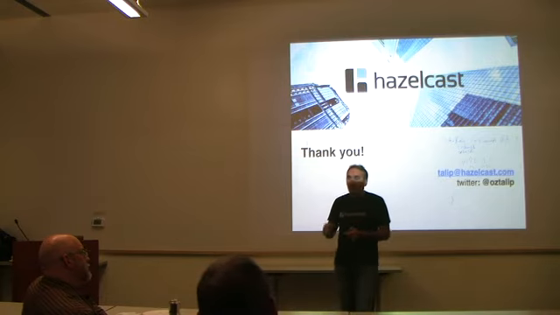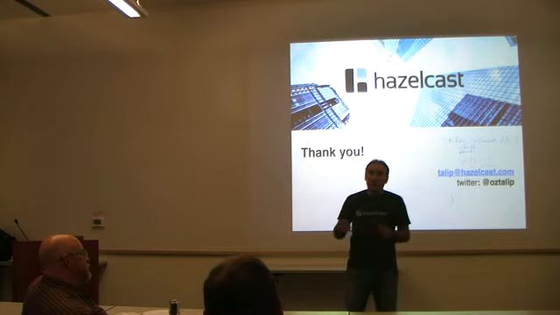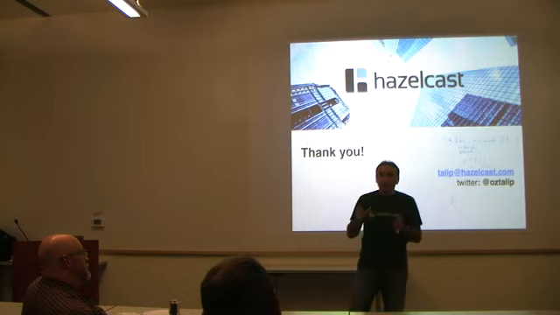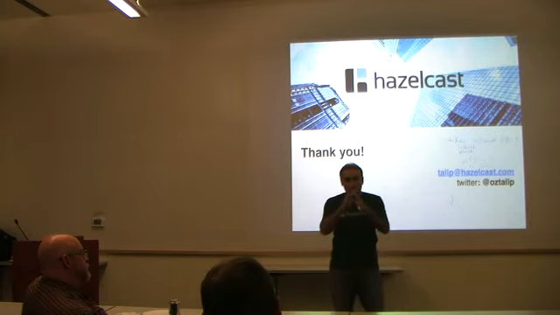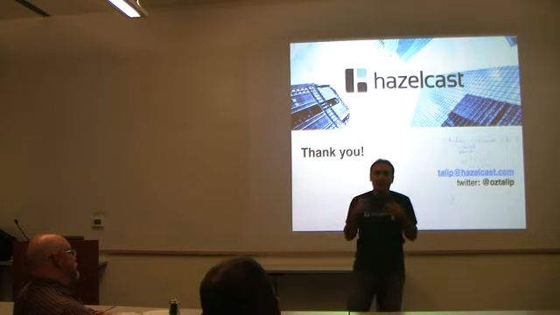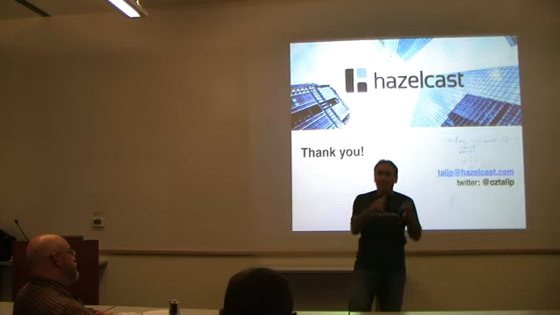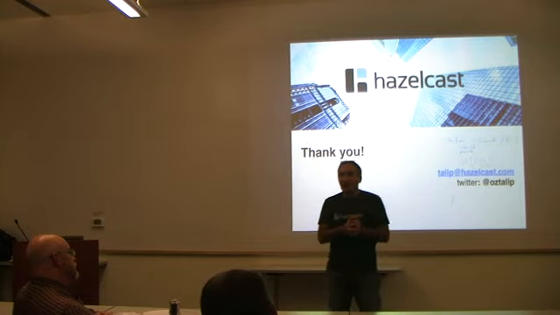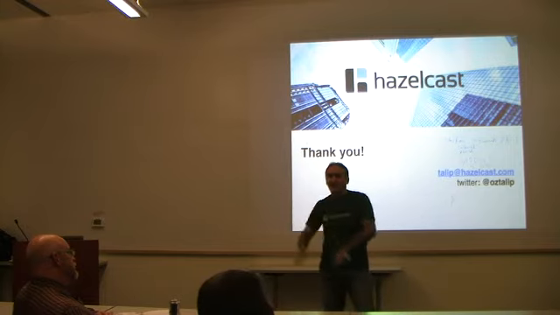In this case, Hazelcast will store your values as Java objects, because you're going to be doing a lot of updates on the object. So what I'm trying to say is, you have to know the system. You have to know the biggest pain points in the system, and you have to update the design for those pain points.